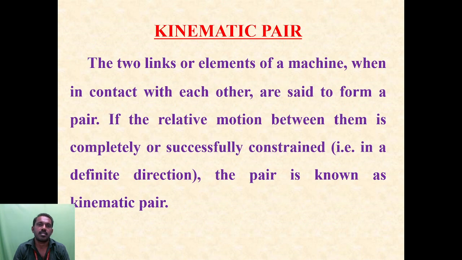Next is the kinematic pair. Already we discussed, kinematics deals with motion and time, without considering force. Now, two links or elements of a machine in contact with each other: if the relative motion between them is completely constrained, this pair is called a kinematic pair.